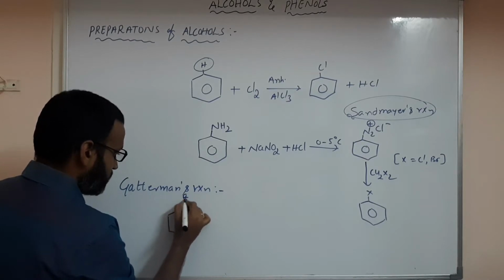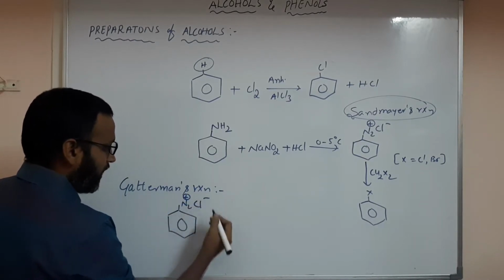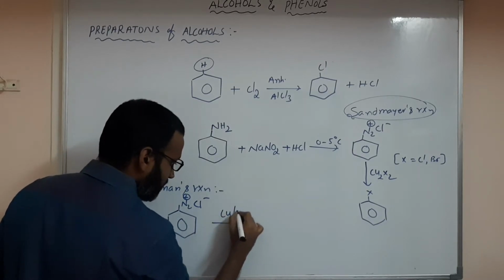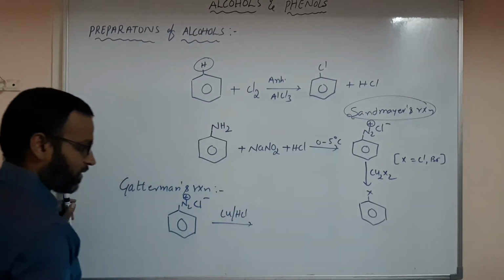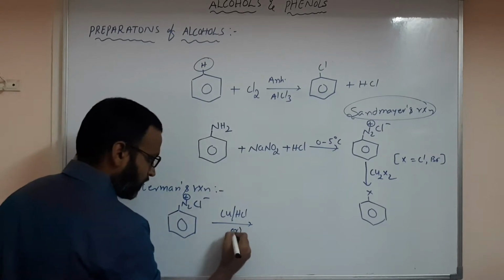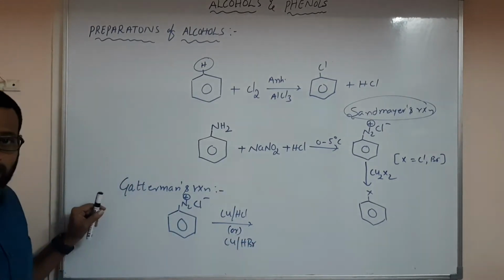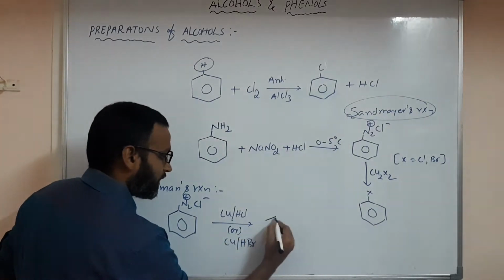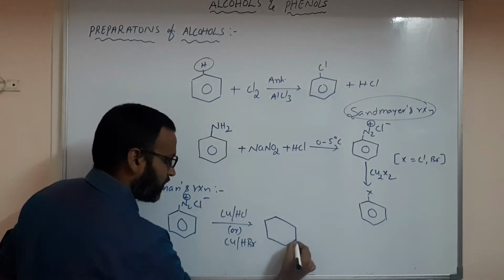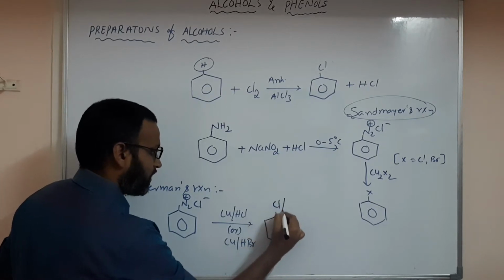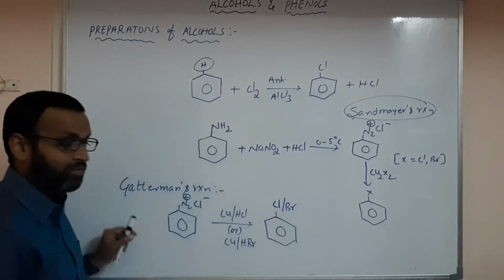Benzene diazonium chloride, C6H5N2+, when reacted with copper and HCl, or copper and HBr, then you will get C6H5X, where X is either chlorine or bromine.